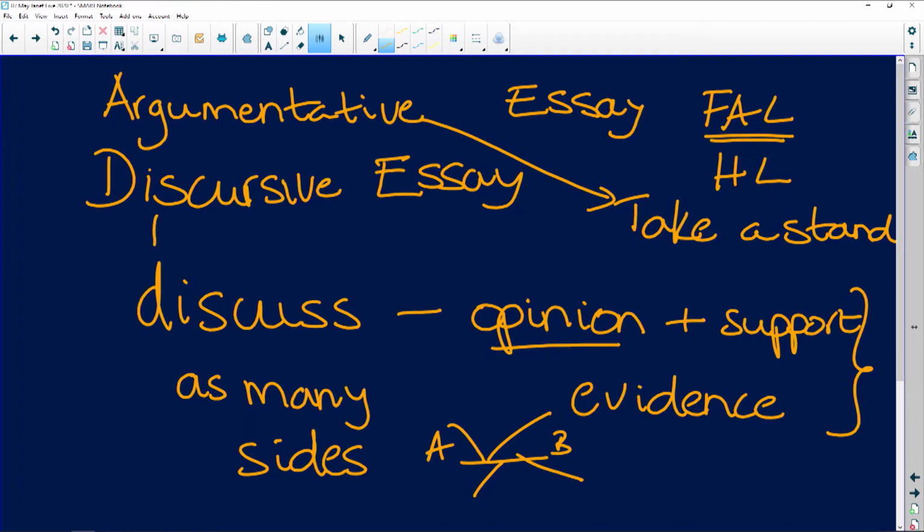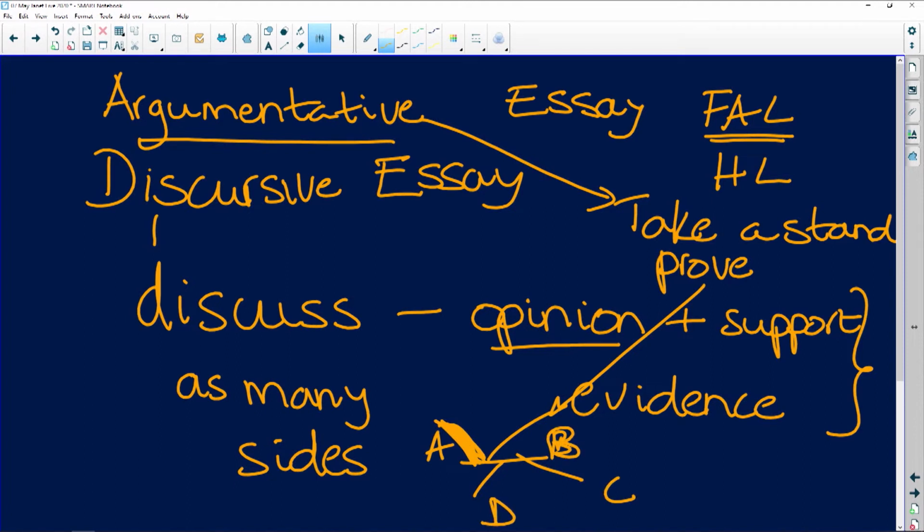Now, in both essays, even in an argumentative essay, one way of discussing it and trying to prove that you are right and your opinion is correct is to look at another side. So let's say you are taking this point. This is what you are arguing. It's quite nice to look at B or C or D and show why they are wrong. Whereas in a discursive essay, you don't have to be as strong about the position that you are taking.